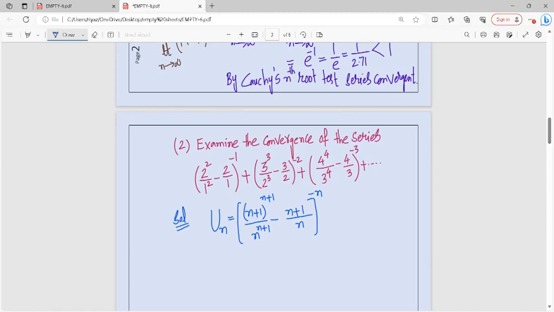Now for your convenience, I want to do some steps. Un is equal to, notice here, numerator and denominator will have the same power.